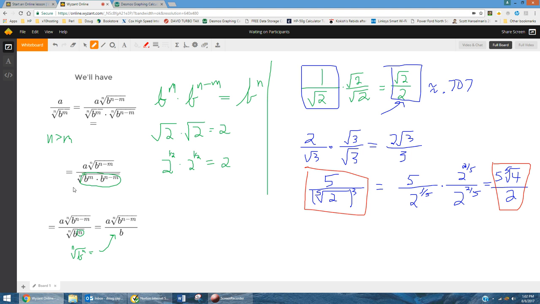Okay, so what are they saying over here? What is this b to the n minus m? All they're saying is this is like the n right here, and this is like the m. So 2 to the 3/5 times, by subtracting 5 minus 3, I get 2. That's kind of how I figure out what I have to multiply by.